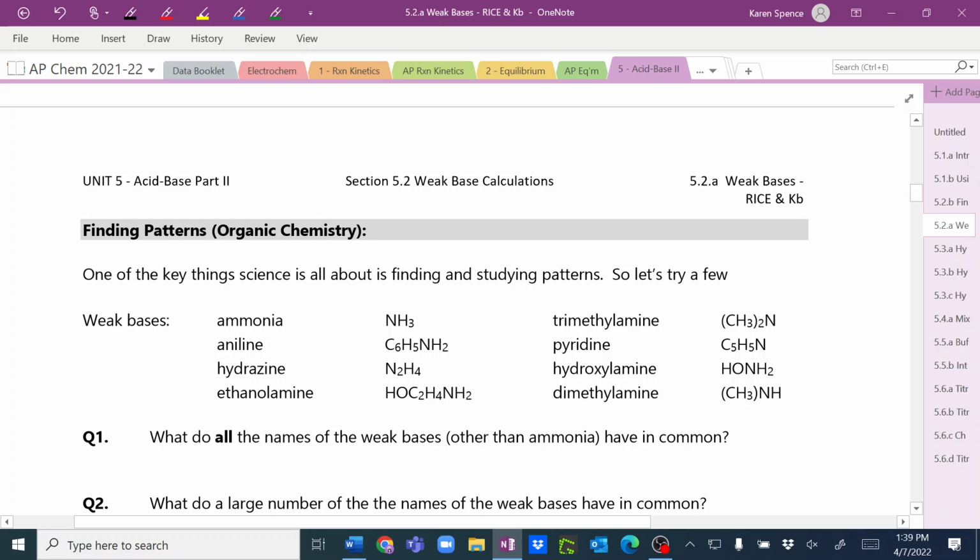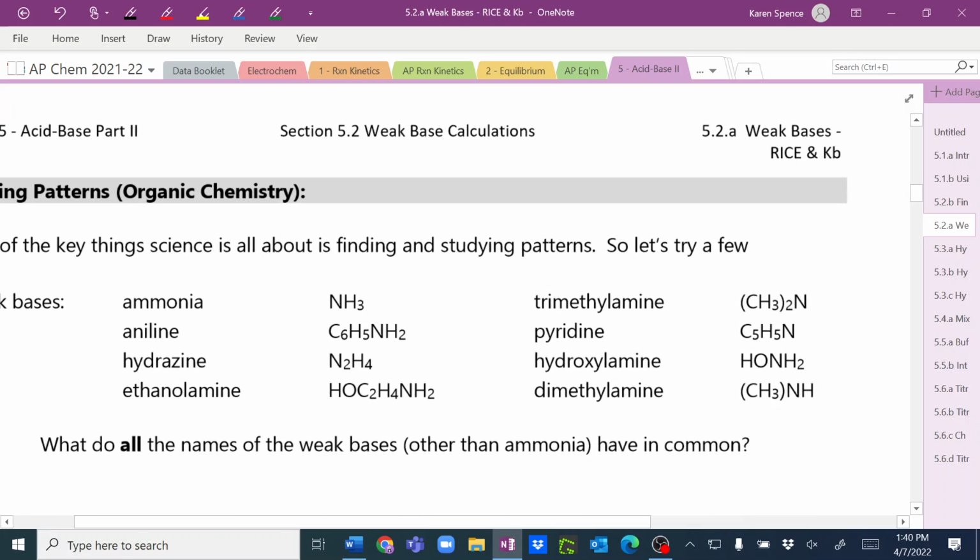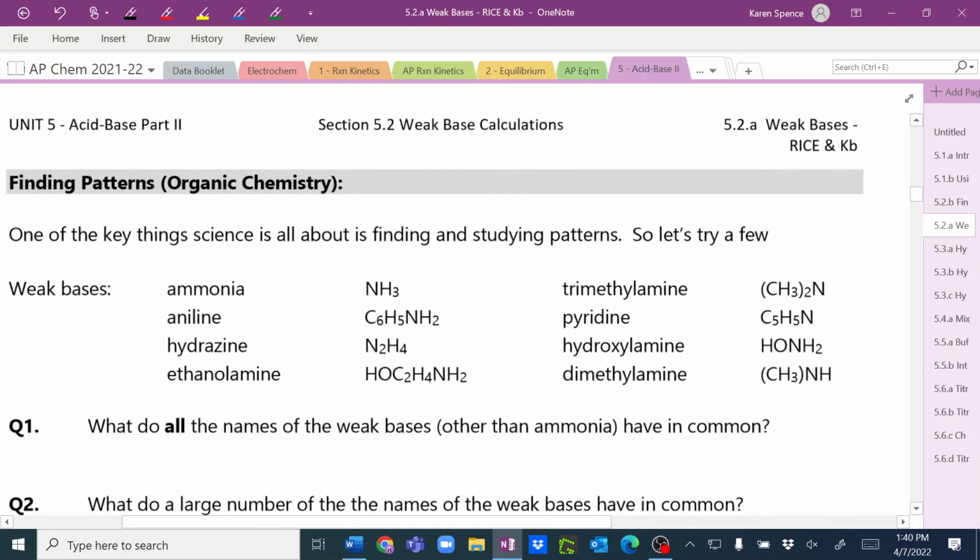Finding patterns, organic chemistry. We have not done a lot of organic chemistry. It is not covered specifically on the AP exam. That's why we are ignoring it, because we have enough to cover. However, one of the key things about science is finding patterns. So let's take a look at all of these weak bases. What do all the names have in common other than ammonia?